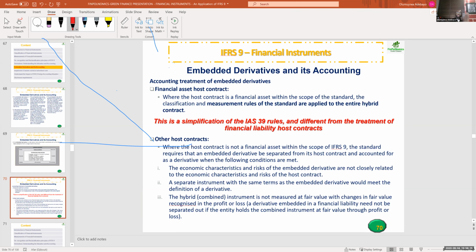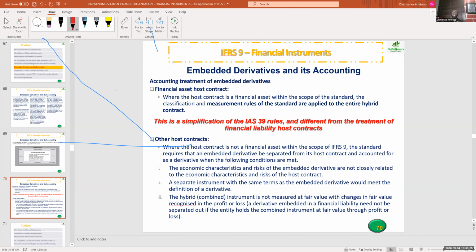component of host contract, and component of derivative. Now, if I split it, derivative will always be measured at fair value because we have made that conclusion earlier. But the host contract will be measured on the basis of the nature of that contract.